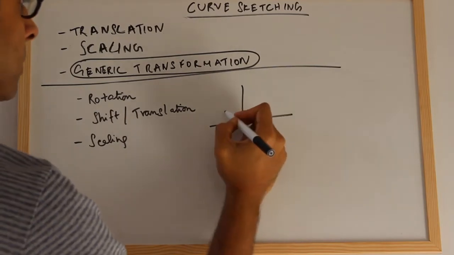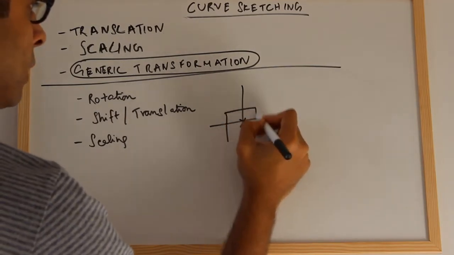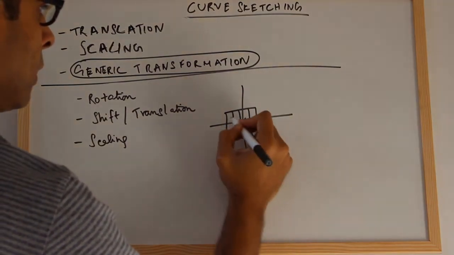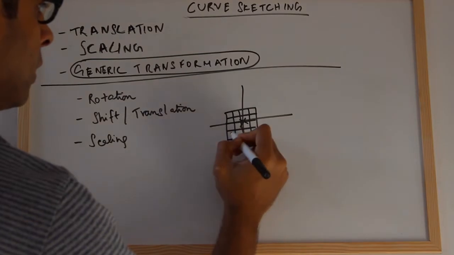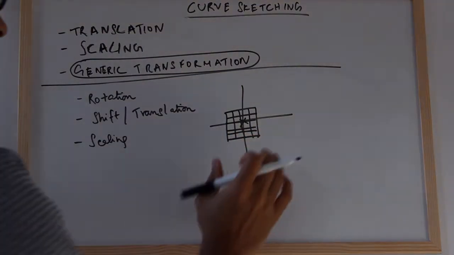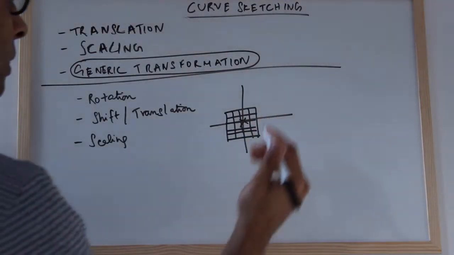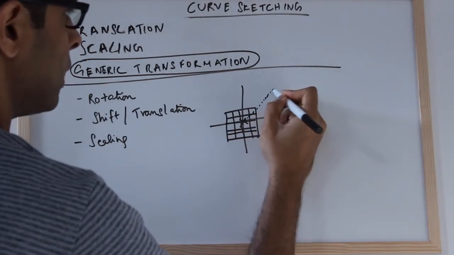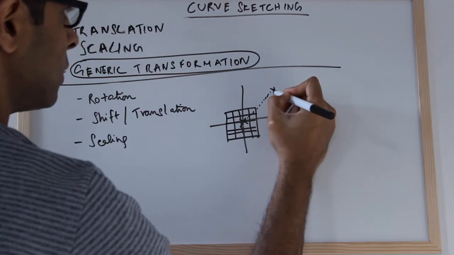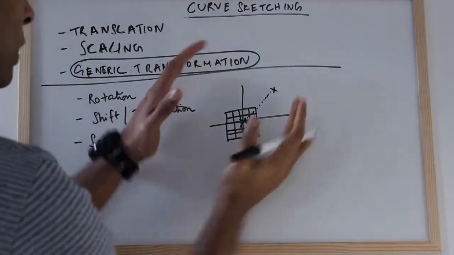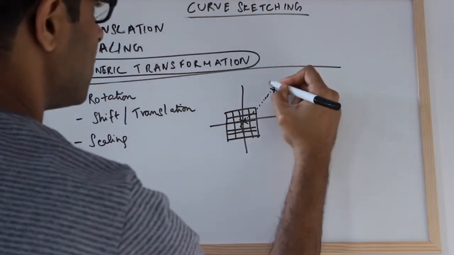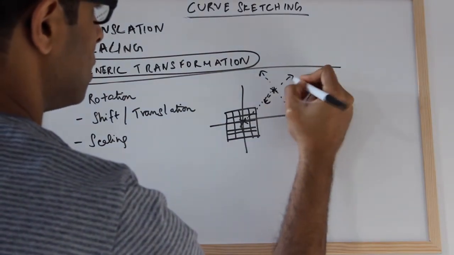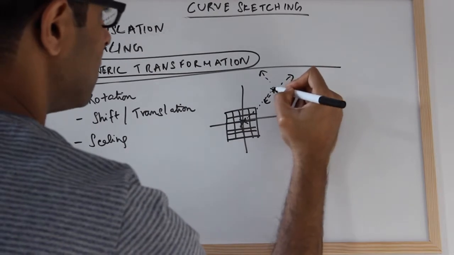If this is the origin, and if we have a canvas or a graph here, and if we shift the origin by x and y units, and rotate the graph, then our new axis will be here, rotated by theta.